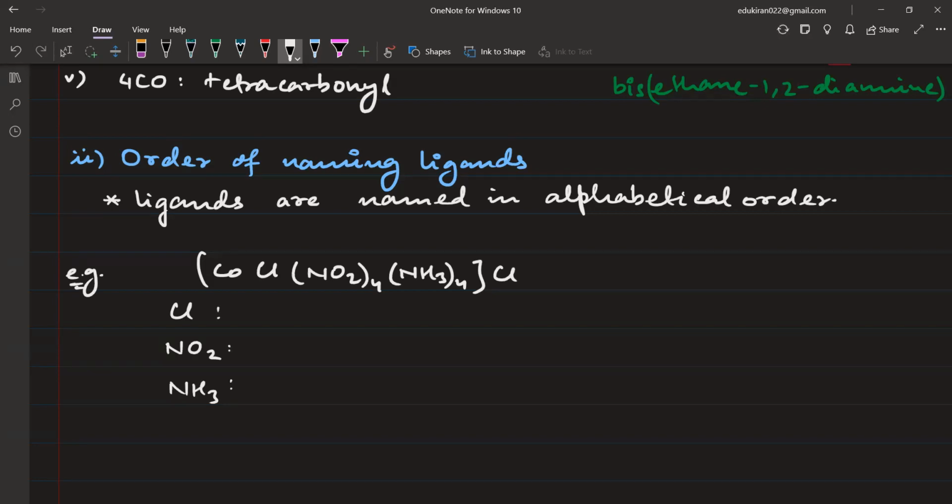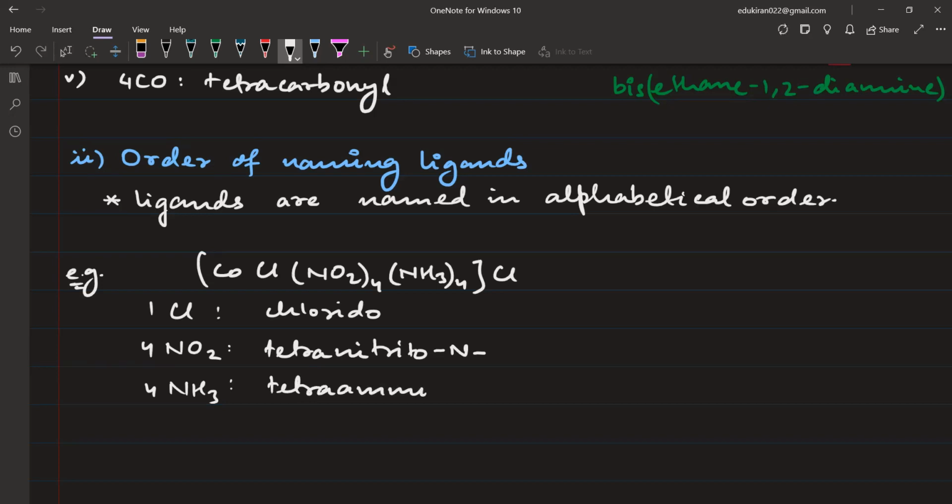Now, this is 1, this is 4, and this is 4. This will be chlorido. This will be tetranitrito N, and this will be tetraamine. Tell me, guys, according to alphabetical order, which one should be named first?